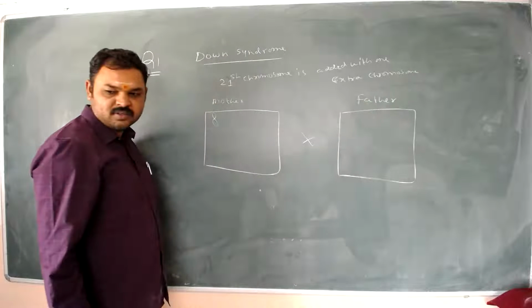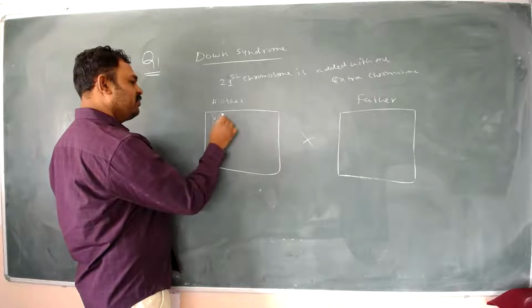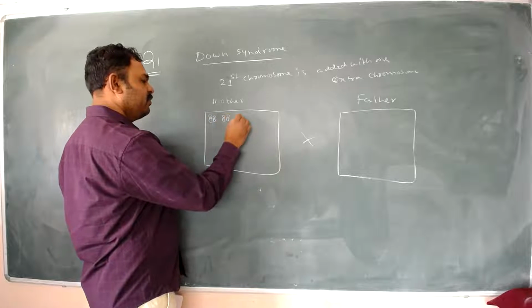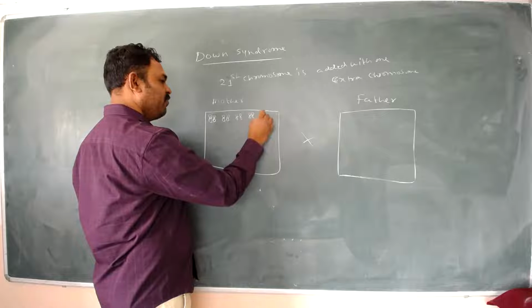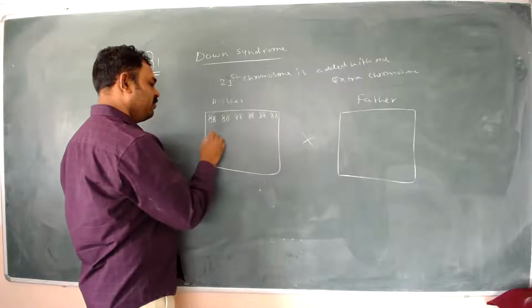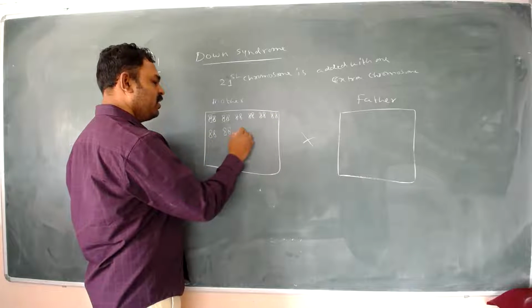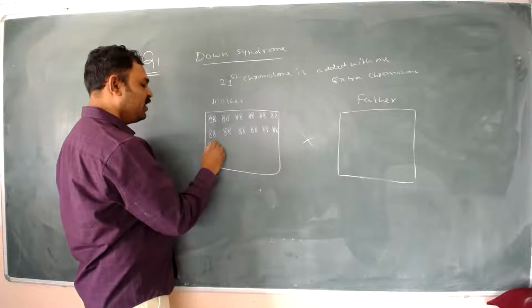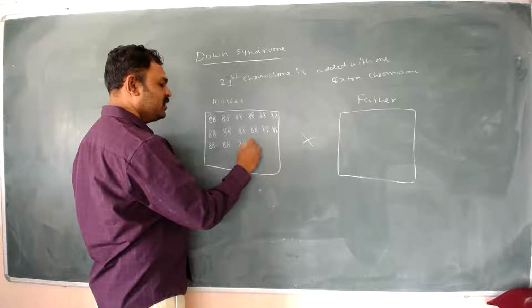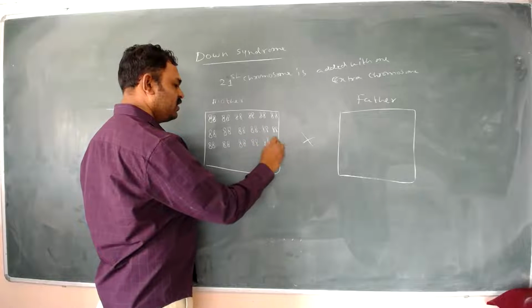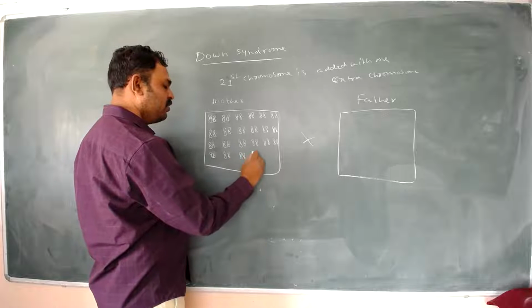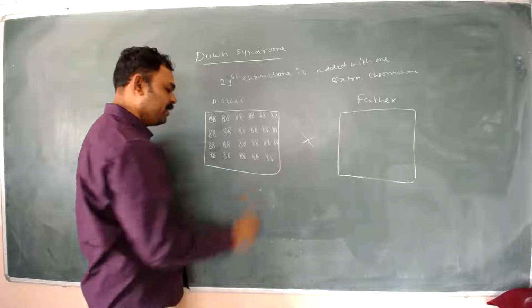The mother was affected with Down syndrome. First pair, second pair, third pair, and so on up to the 23rd pair.